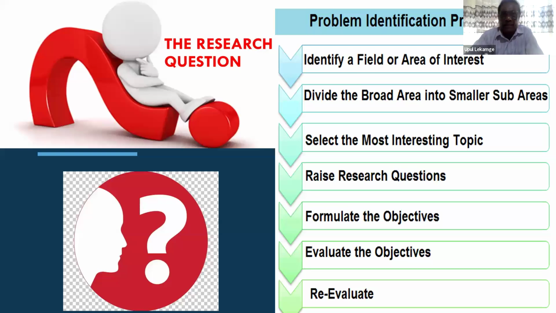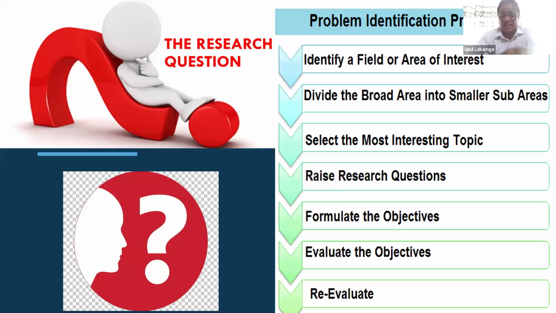I'm very serious and very critical about the action verbs of these objectives. You have to formulate objectives. That means objectives show the direction or the orientation of your research, how you are progressing and where you are heading. Then the sixth one is evaluate the objectives.